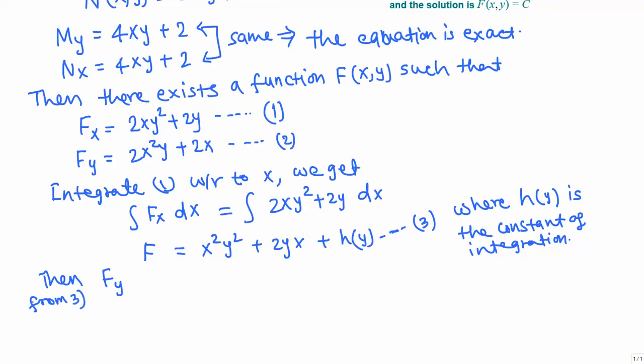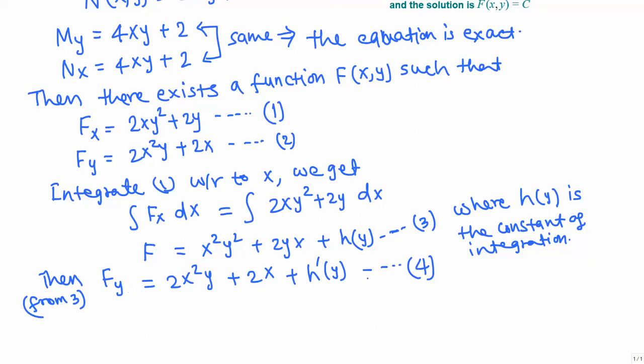Partial derivative of this function with respect to y: x squared is constant, the derivative of y squared is 2y, so 2x squared y, plus x is constant, the derivative of 2y is just 2, so 2x, plus now this is a pure function of y or just a constant, and we are differentiating with respect to y. The derivative with respect to y will be just the regular derivative, h prime of y, that's equation 4. Now we compare 2 with 4 because we have f_y.